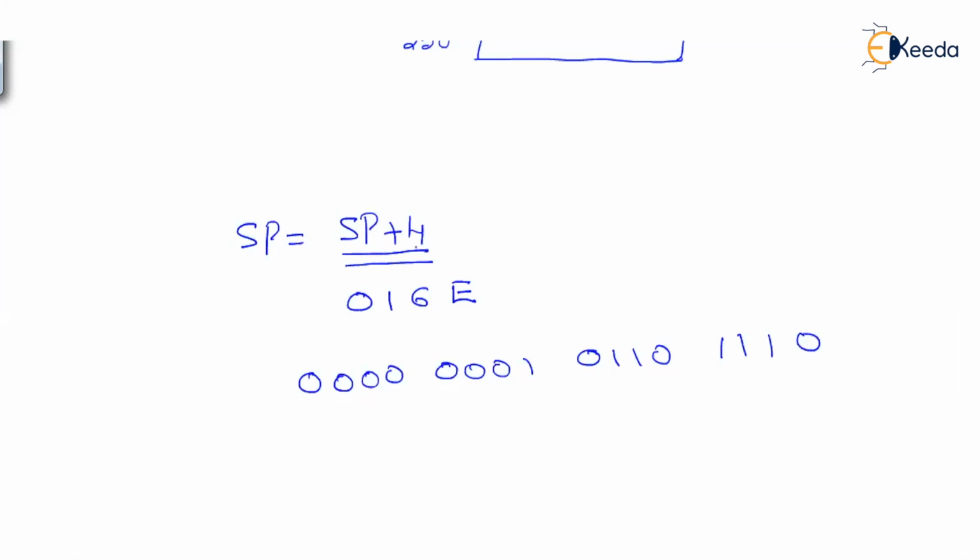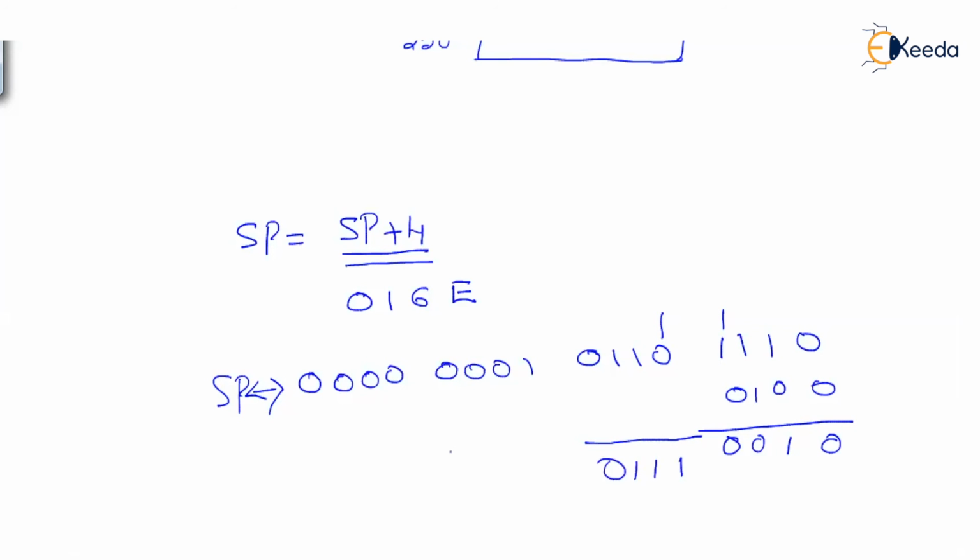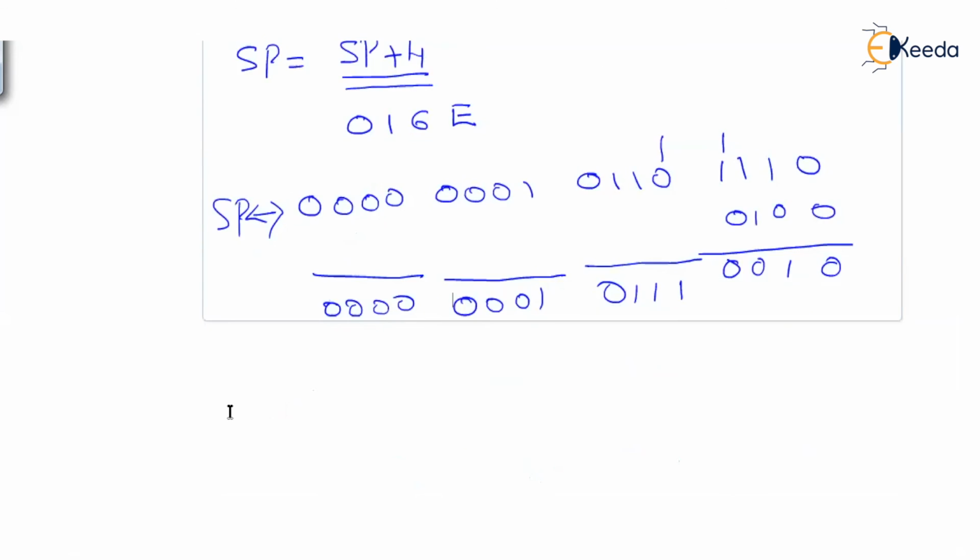Now SP is equal to SP plus 4. We add 4 to the stack pointer value; 0100 is 4 in binary. Adding it gives 0001 0110 1110 plus 0100, which results in 0001 0111 0010, with the leading digit 0000.